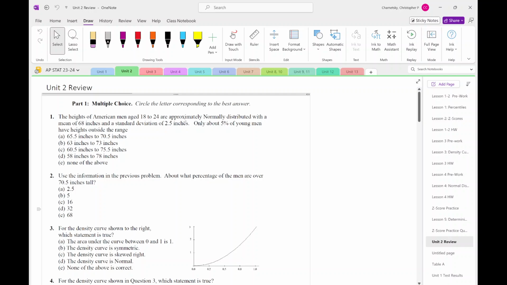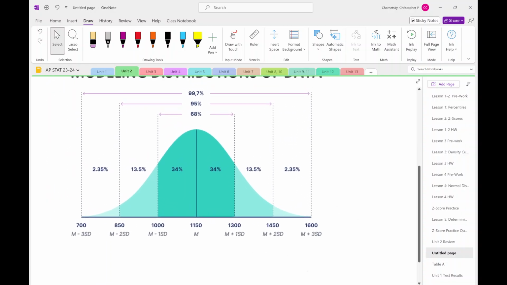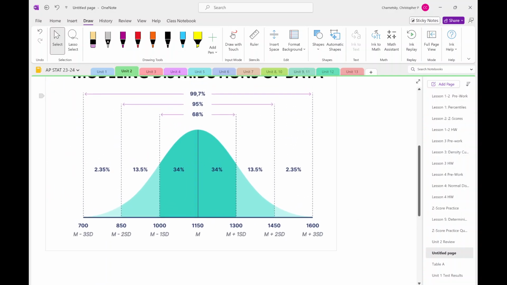matches that distribution? So, to illustrate what's going on here, let's pull up any normal curve and recall our 68, 95, 99.7 rule.